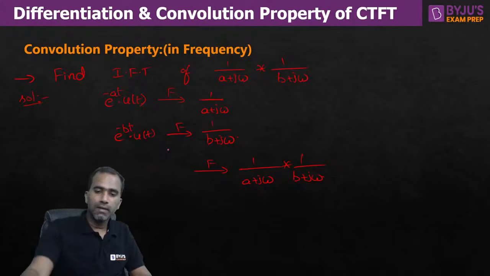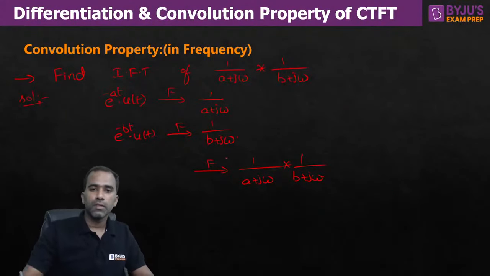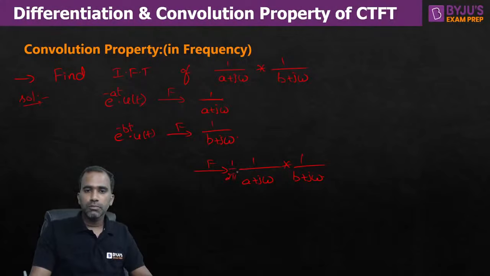But whenever convolution is happening in the frequency domain with respect to omega, there should be a 1 by 2 pi factor. So when you do convolution in the frequency domain, along with the 1 by 2 pi factor, what happens in the time domain?